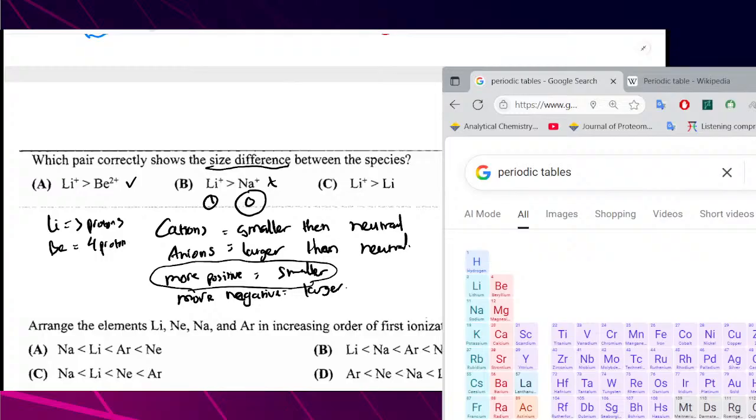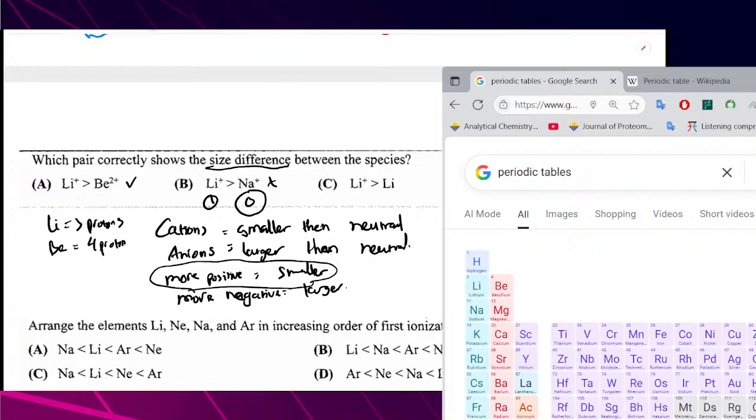More positive charge means smaller radius, because like I mentioned before, size decreases. More positive charge is smaller radius, because there is much more pull towards the nucleus than when we have a neutral atom.